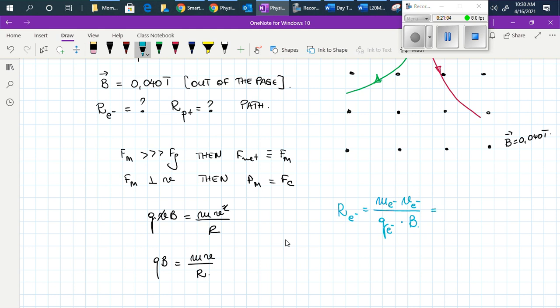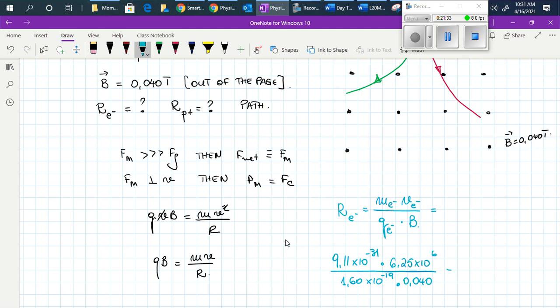Now, if we enter the information that we have, velocity is 6.25 times 10 to the power of 6, over the charge of the electron, which is 1 elementary charge, 1.60 times 10 to the power of negative 19, times 0.040 Tesla.